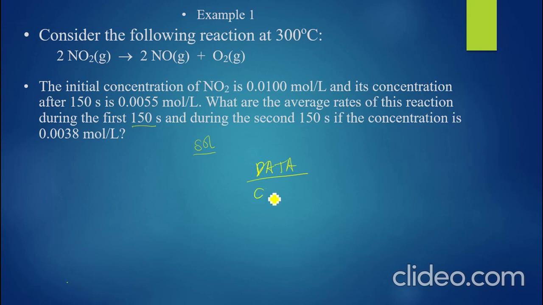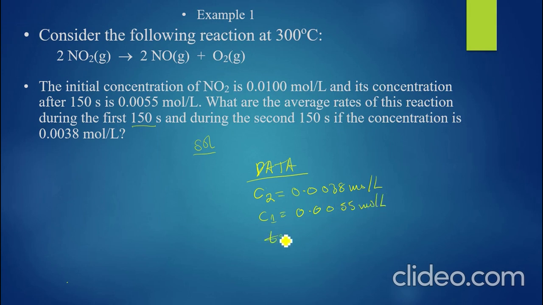That will be our final concentration after another 150 seconds, so it will be 0.0038 mole per liter. And our initial concentration would be this one after the first 150 seconds, so it will be 0.0055 mole per liter.